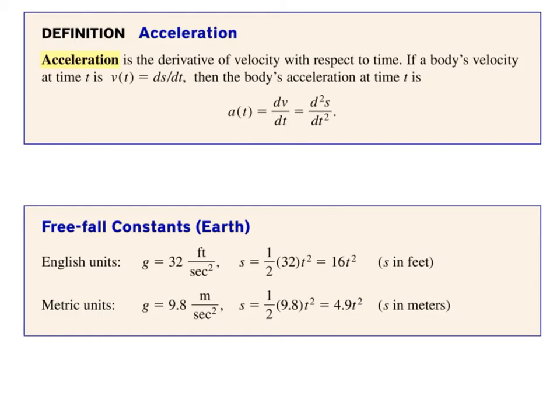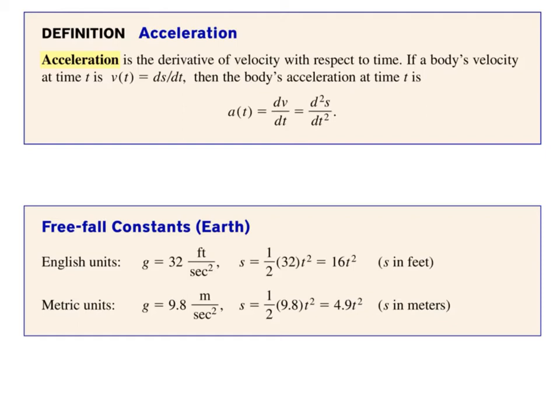When you're talking about velocity, you're really asking yourself, what is the change in position? So that's why it's the rate of change of your position. With acceleration, all it's asking is how fast the velocity is changing.